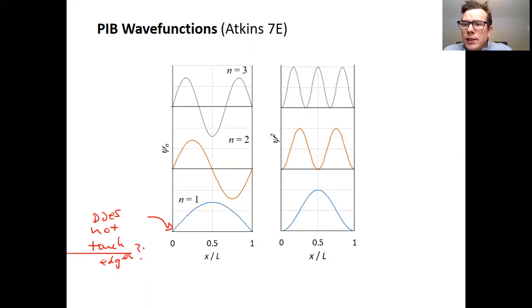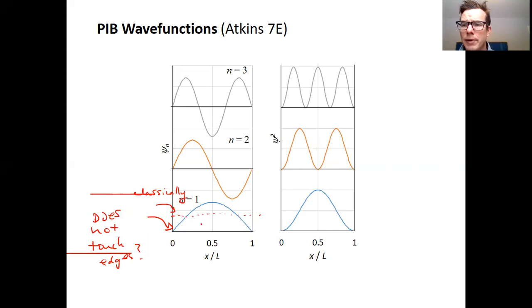And this might be confusing to you, because remember, if this was a classical system where I had a particle which was contained in some box, it would just ping back and forth, ding, ding, ding, ding. And you would expect an even distribution. This is classically what you would expect.